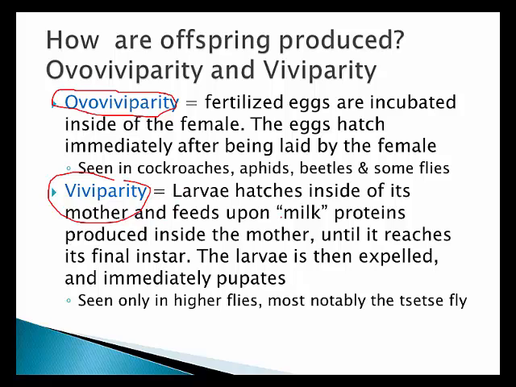And the mother has special proteins, which we have described as milk proteins, that she can use to nourish the internally born larva prior to the time when it becomes expelled. And one of the notable examples of this is the so-called tsetse fly, which I'll show you a picture of in just a moment.